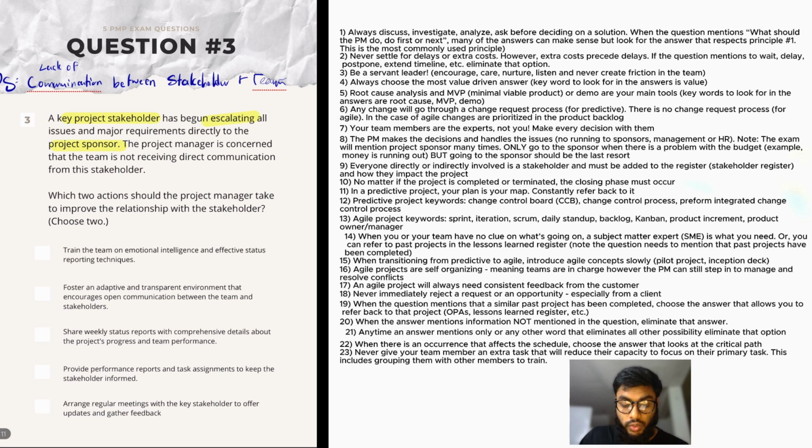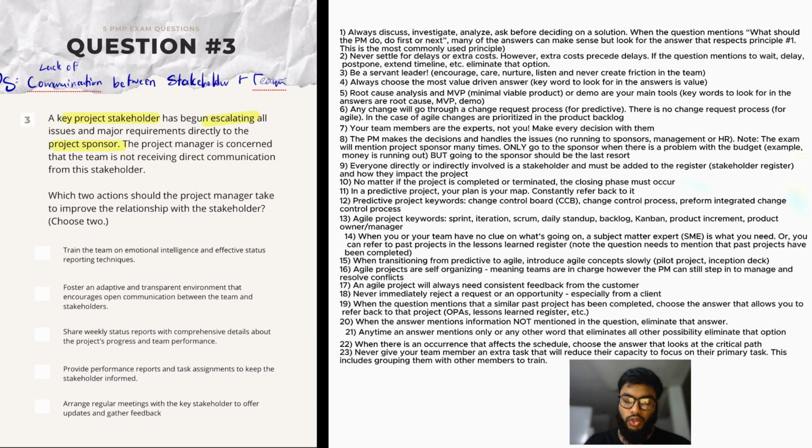Which 2 options should we do to improve this relationship between the stakeholder and the team? Train the team on emotional intelligence and effective status reporting techniques. Okay. So is it the team's problem here only, or does it include both? And we're not talking about reporting statuses, right?